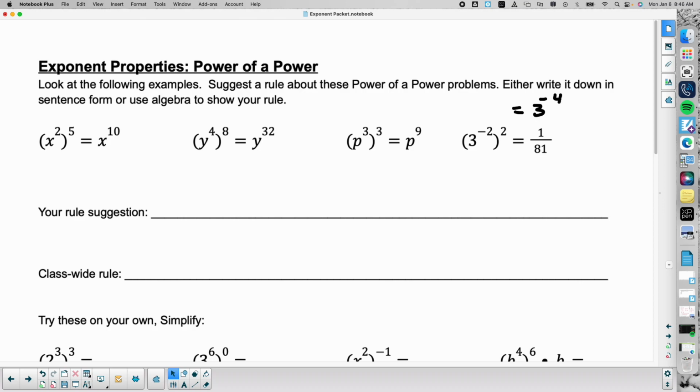I would bet somebody here can tell me what's going on between those 4 answers. Sebastian, table 4. You just multiply the powers. Perfect. If you have a power to a power, you multiply them.